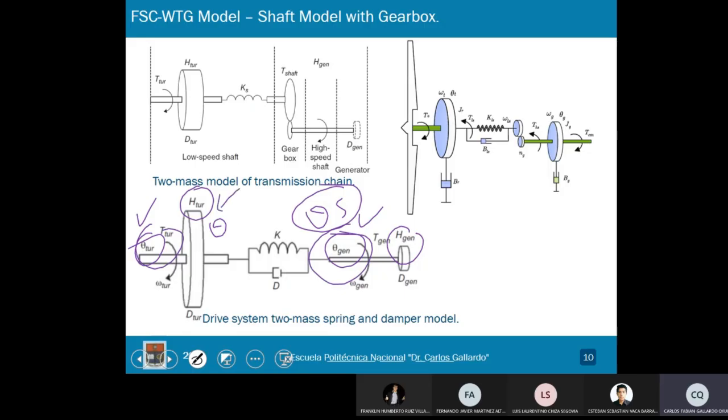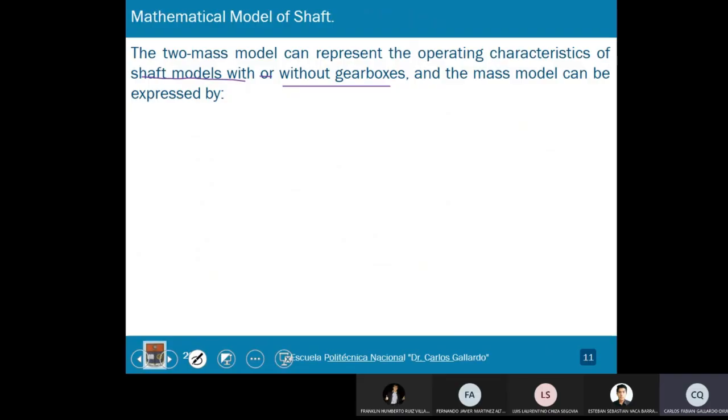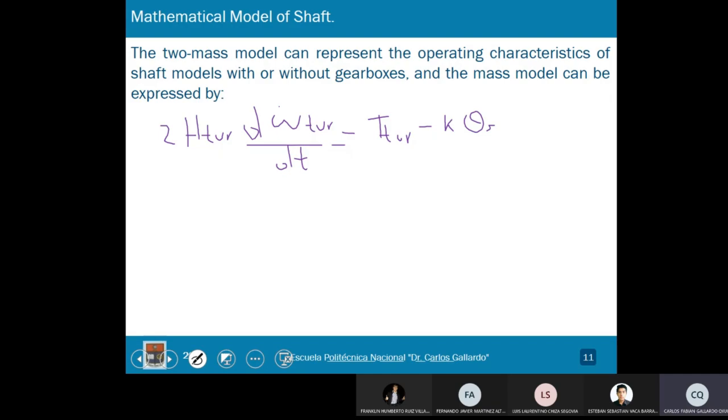So let's start with the first equation. From the dynamical viewpoint, I will have 2 times the inertia of the turbine times the derivative of the turbine speed, equal to the torque of the turbine, minus K times the relative angular displacement between the 2 masses, minus the damping coefficient of the wind turbine times the speed of the wind turbine.